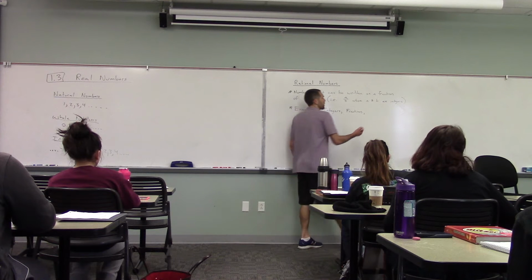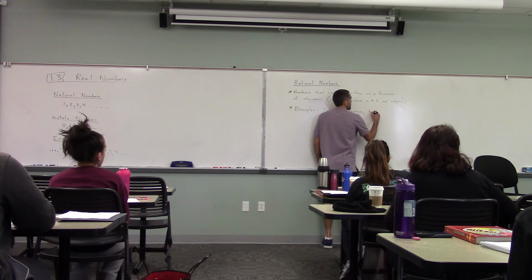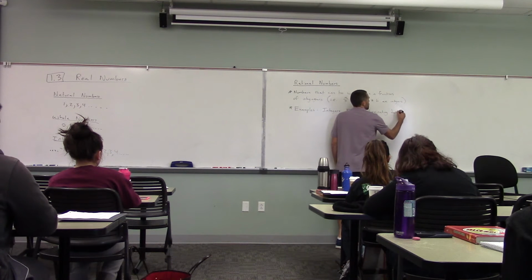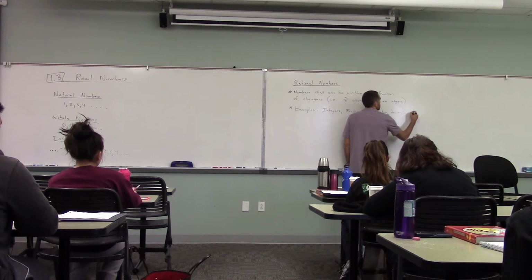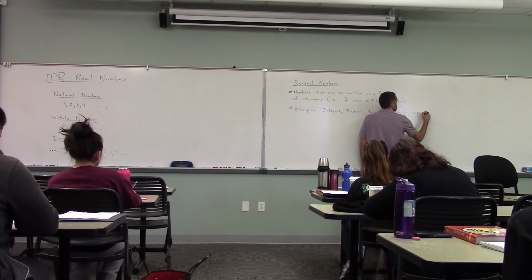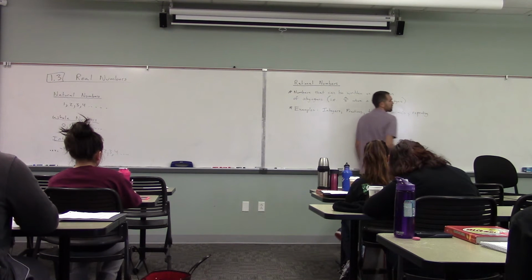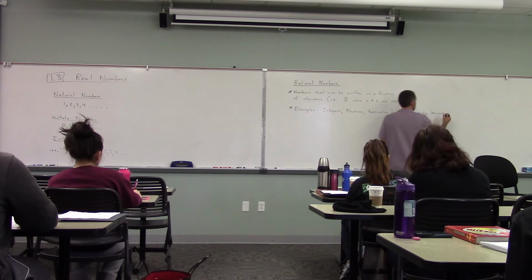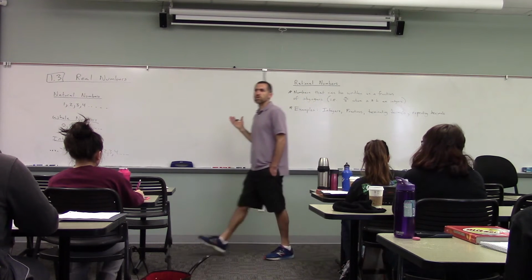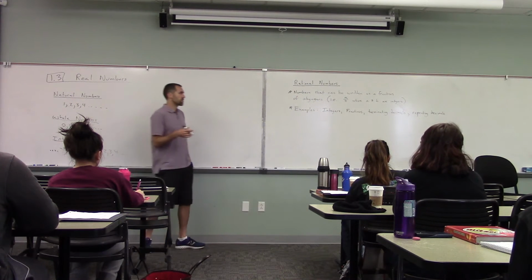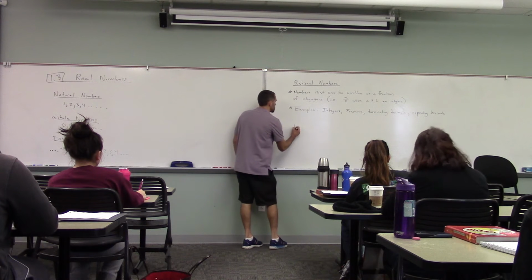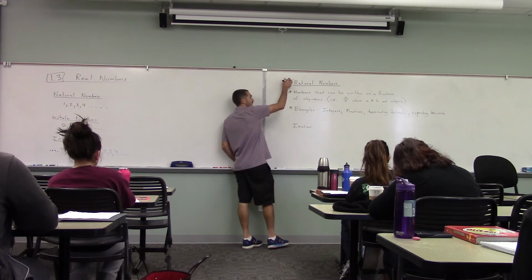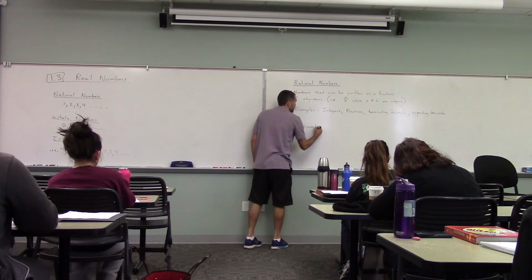And then the other ones that fall into the category are terminating decimals, so decimals that stop, and repeating decimals, so decimals that repeat over and over and over. Specifically those are the ones that you'll need to know. Irrational numbers is seemingly a much smaller subset. And this is the last category. Everything is either rational or irrational in the real numbers.